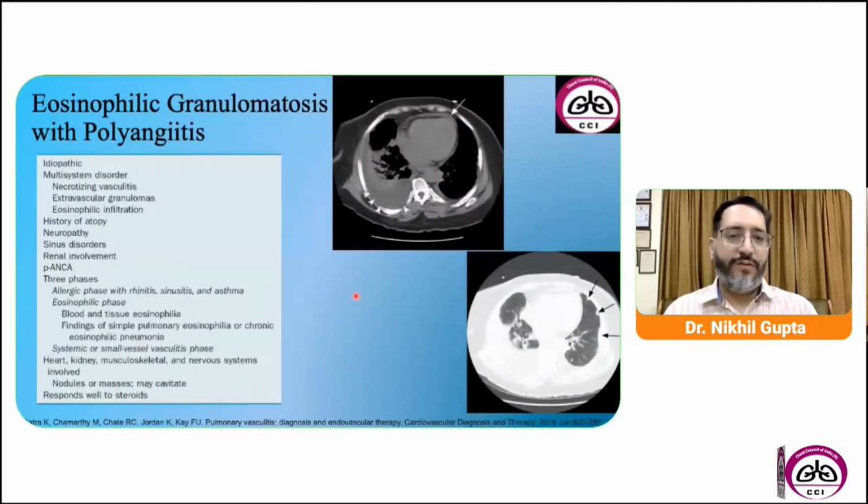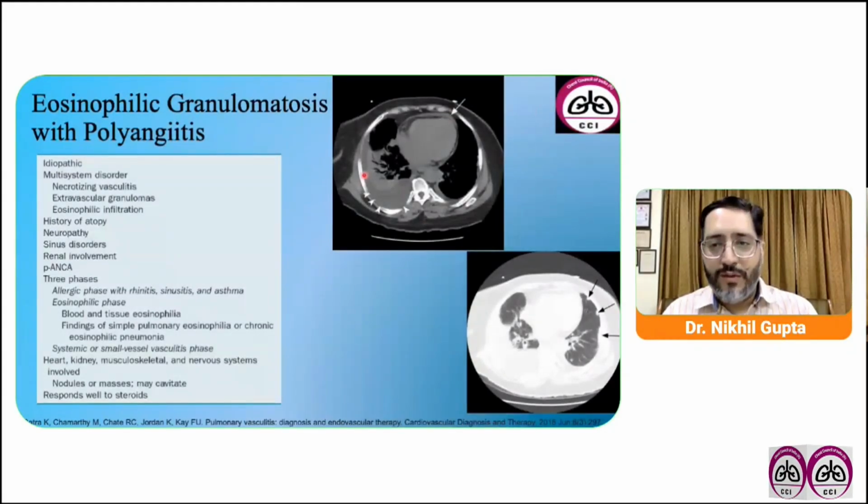So features are similar to Wegener's, and we can see 3 phases: allergic, eosinophilic phase, and systemic phase. Here we can see involvement of pericardium and pleura. Here there are small consolidations.